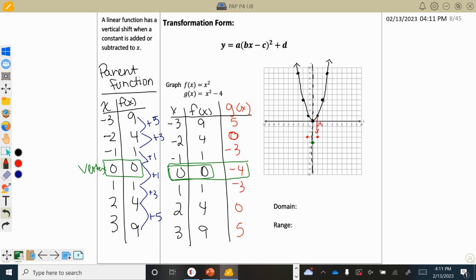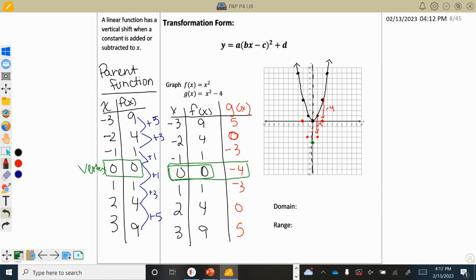Okay? And then at 2, 0, and at -2, 0, that point got shifted down 4 units.